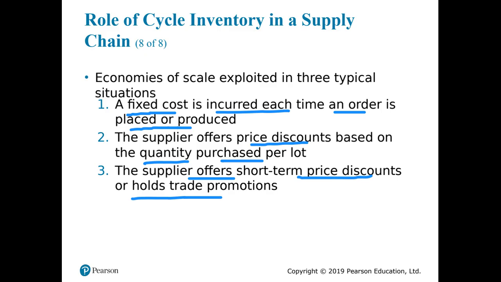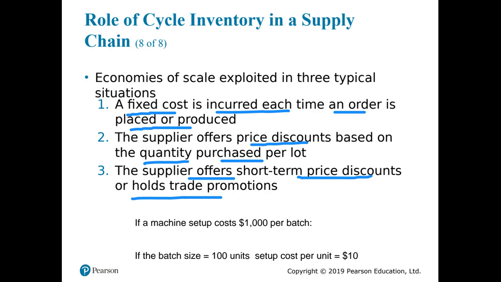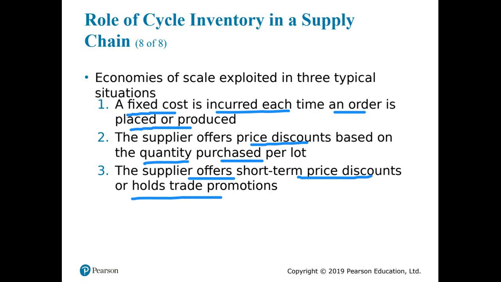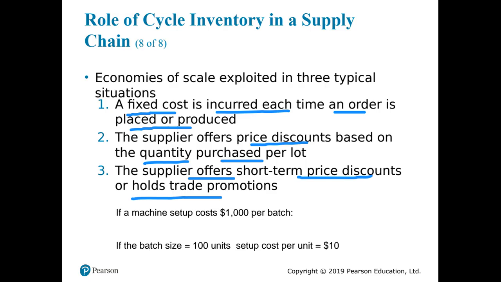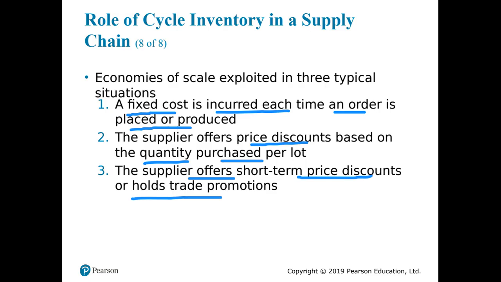We copy and paste it here so that you can understand. So if a machine setup cost is $1,000 per batch, and the batch size is 100 units, the setup cost will obviously be $10.